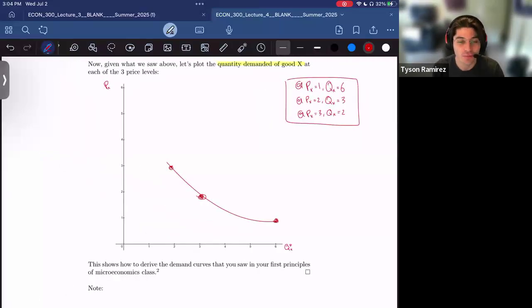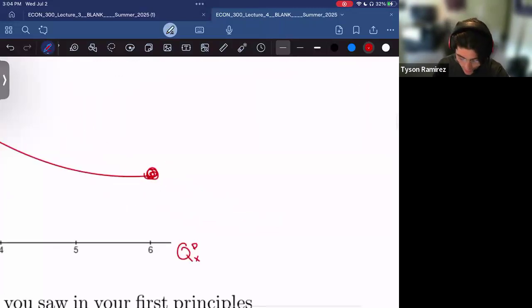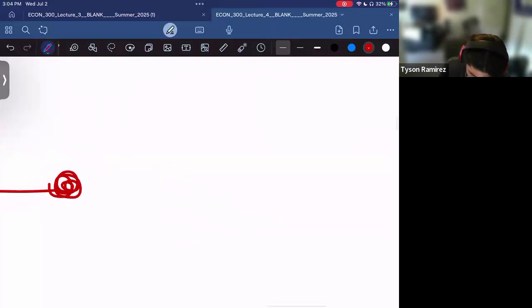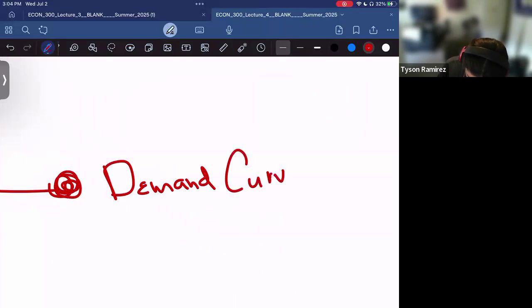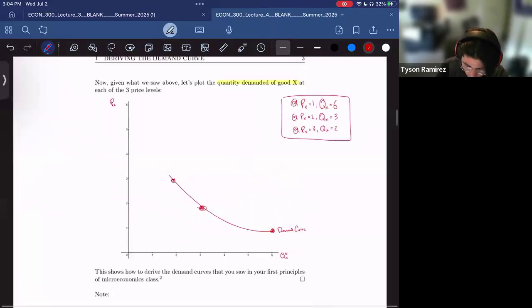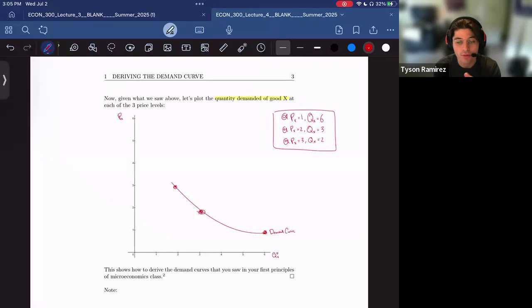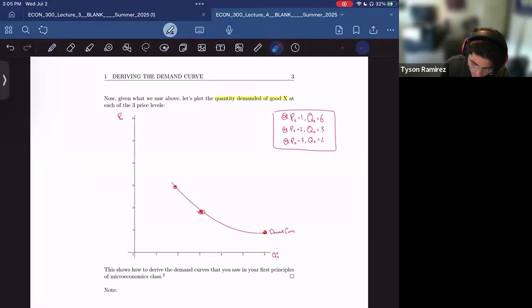Being exact is not so important, but what do we see? This is the demand curve. This is exactly what you saw in your principles of micro class. We saw that as the price went up, the quantity demanded was quite low.